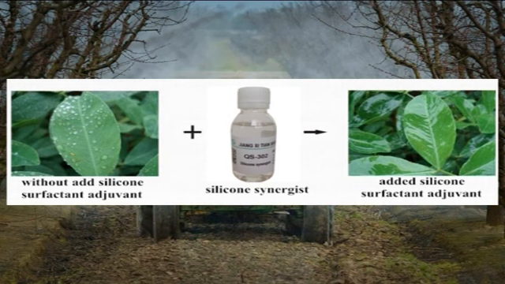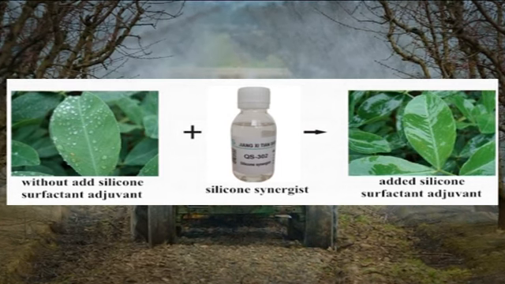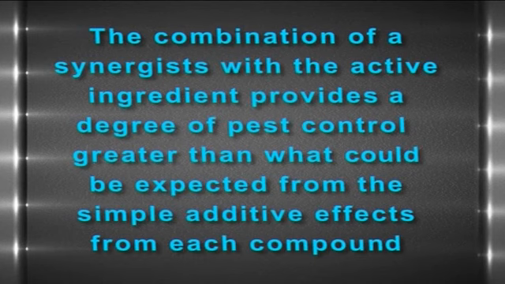Synergists are chemicals that can boost the pesticidal activity of an active ingredient. The combination of a synergist with the active ingredient provides a degree of pest control greater than what could be expected from the simple additive effects of each compound.